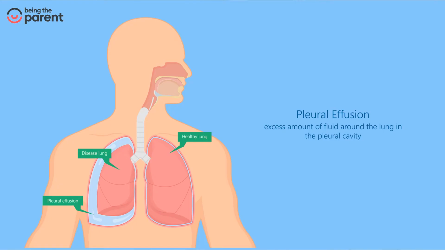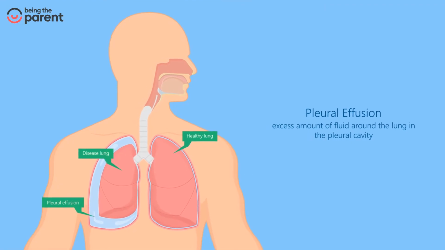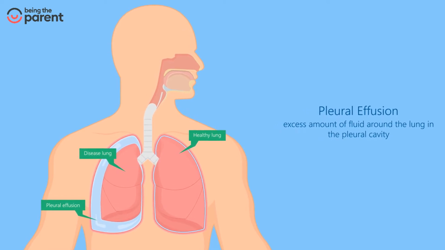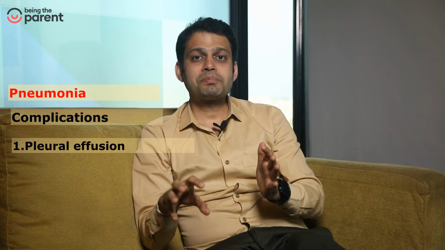It can be an uncomplicated pleural effusion or a complicated pleural effusion, where there is bacterial invasion into the pleural space that causes a significant amount of the body's material, that is lymphocytes and neutrophils, pouring inside, causing a lot of exudative material, that is pus-like material, and developing a complicated pleural effusion or something called empyema.